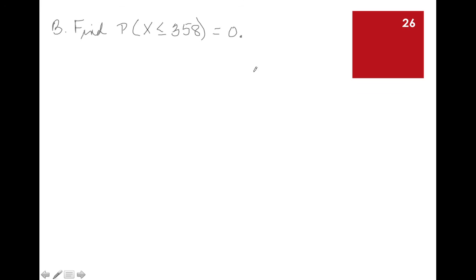It's not that big. It's coming out about 0.044. So if you think about what it means in real life, there's only like a 4.4% chance that at most 358 adults out of the 400 polled would answer yes to approving of his actions.